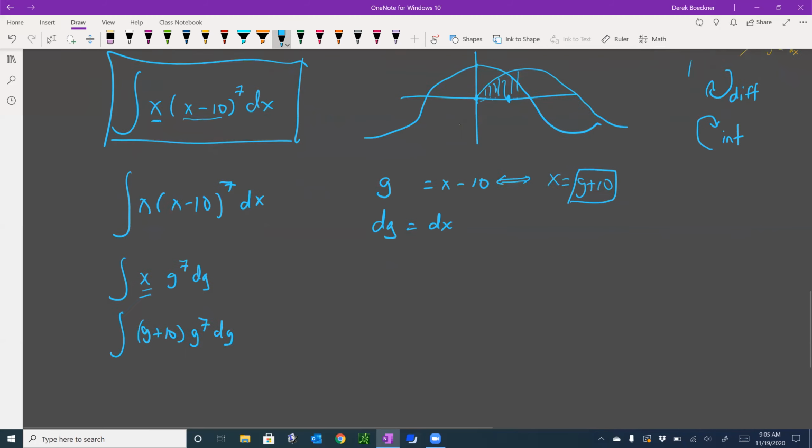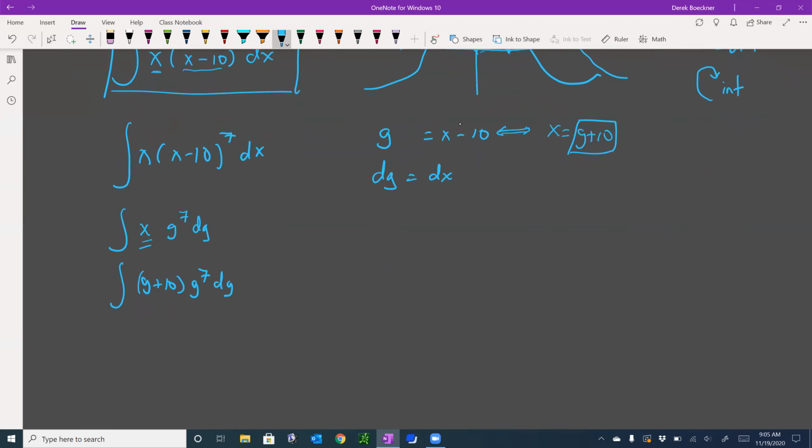And now this multiplication, instead of multiplying out this thing 7 times and expanding it, getting a really large polynomial, now I just have a binomial. This is the integral of g to the 8th plus 10 g to the 7th dg, which is g to the 9th over 9 plus 10 eighths g to the 8 plus c.